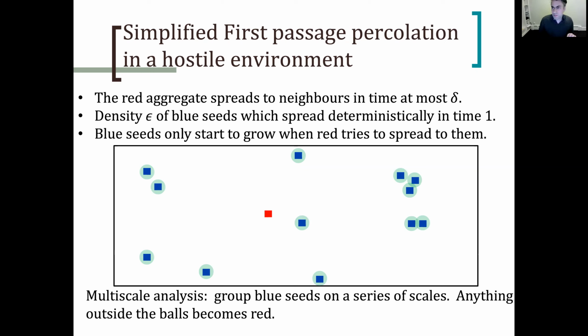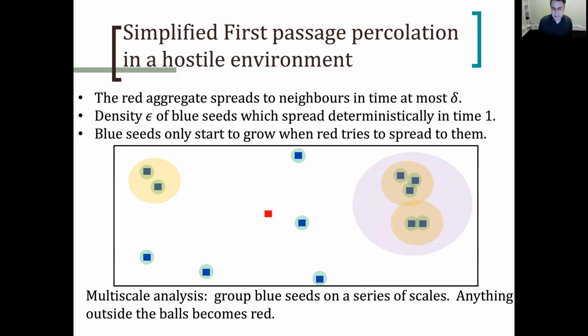But then sometimes these blue seeds are close together, and one will slow the red process down surrounding the other. So we might need to put those in level 2 bubbles. And then sometimes those level 2 bubbles are next to each other. So we might need a level 3 bubble, and so on and so forth.